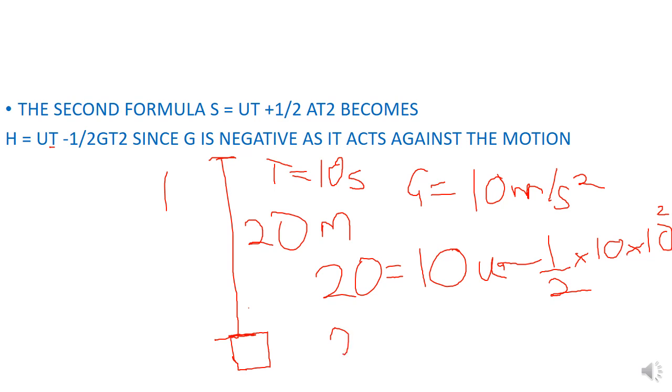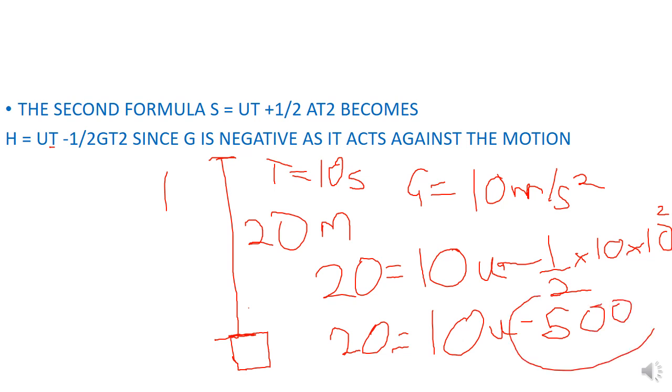So 20 is equal to 10u minus 500. So this negative 500 we should take to the other side.